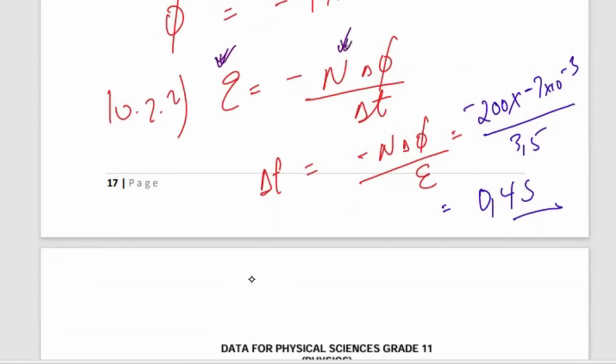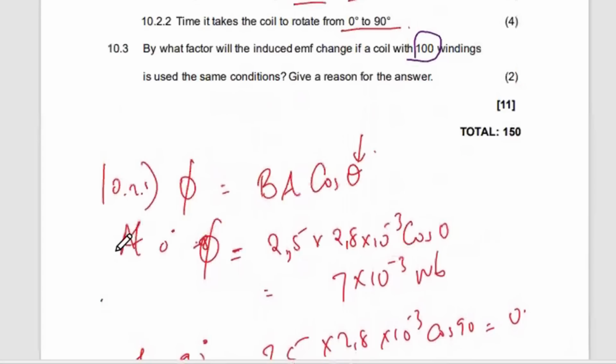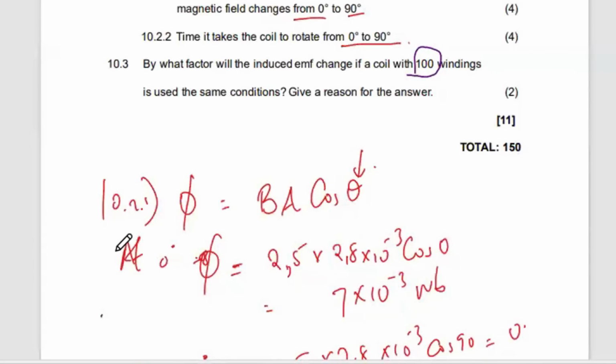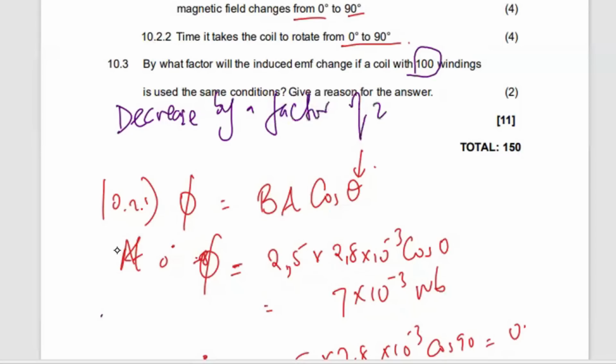If the turns are reduced by half, we divide by 2, so the EMF is going to decrease by a factor of 2. So it's 100 divided by 200, which is a factor of 2. They want us to give a reason for our answer. We know that EMF is directly proportional to the number of turns.